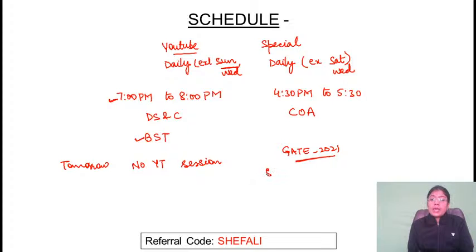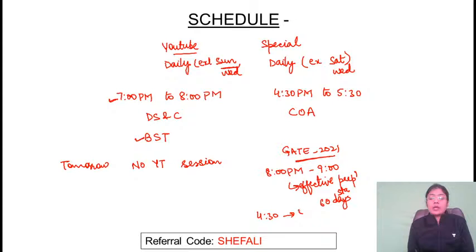It will be at 8 p.m. to 9 p.m.: effective preparation strategy for the last 60 days. The other session will be at the standard timing, that is 4:30 p.m. In this we will be covering the instruction set.